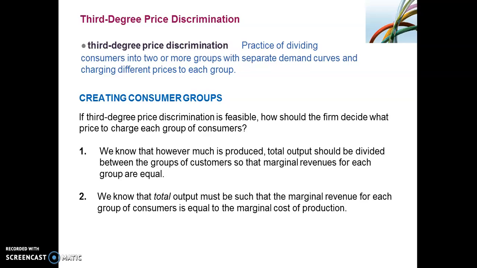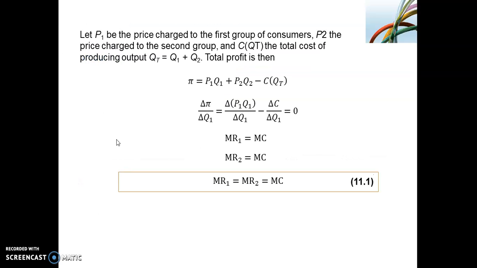Also, the total output must be such that the marginal revenue for each group of consumers is equal to the marginal cost of production. The problem of how a firm must decide on what price to charge each group can be shown algebraically, and then we're also going to look at it graphically, right? So the incremental profit of the last unit sold must be zero.